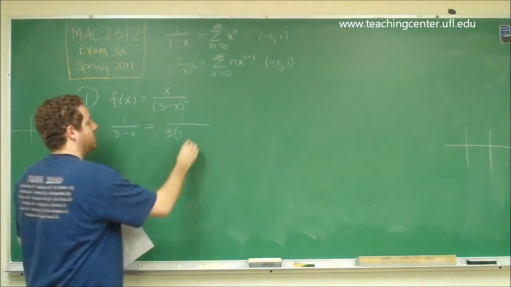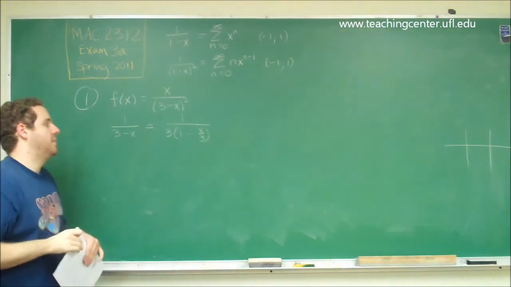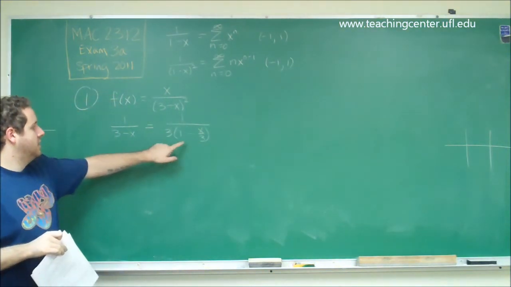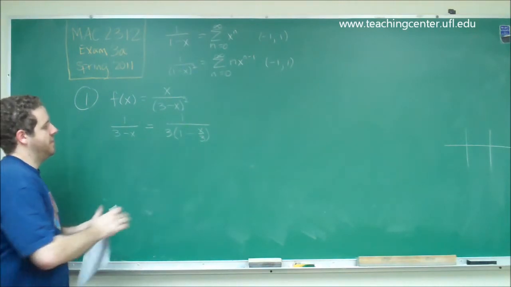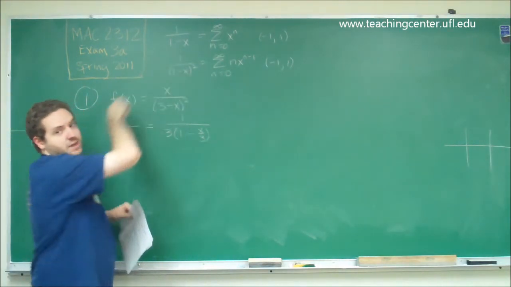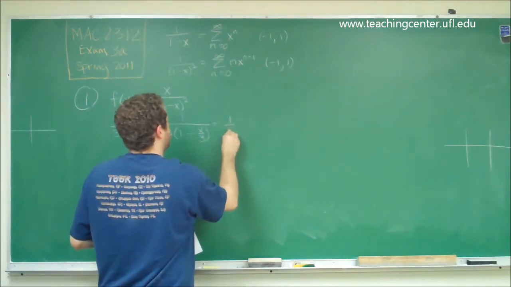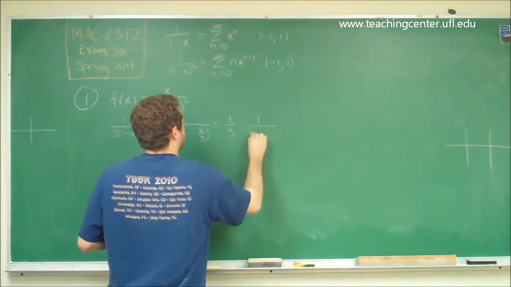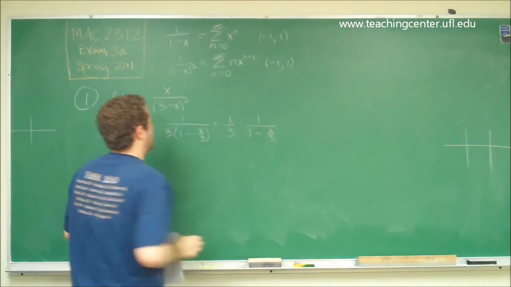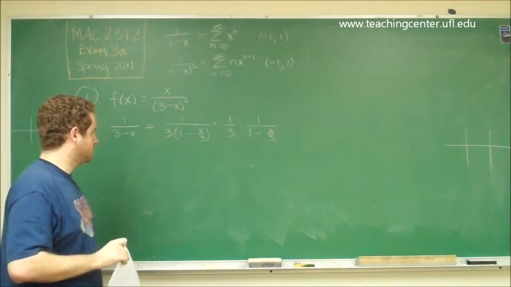If you factor out a 3 though, you're going to have x divided by 3 as the second term. So you can see here, these are the exact same thing. If you distribute the 3, you get this. But this is the form that we need to use that formula. And finally, we can take the 1/3 away and say this is 1/3 times 1 over 1 minus x over 3. And now we're ready to use the power series representation.